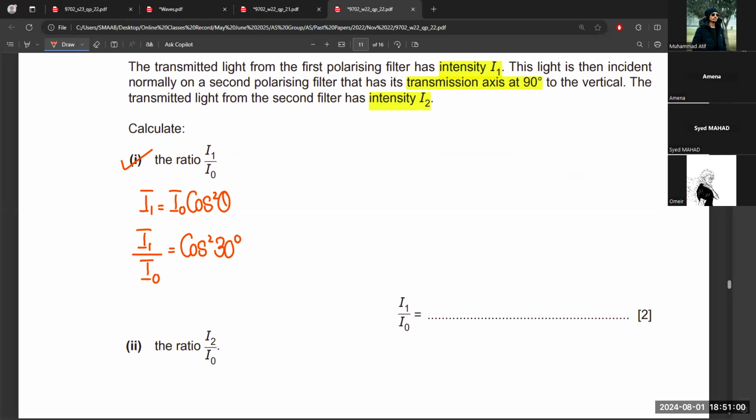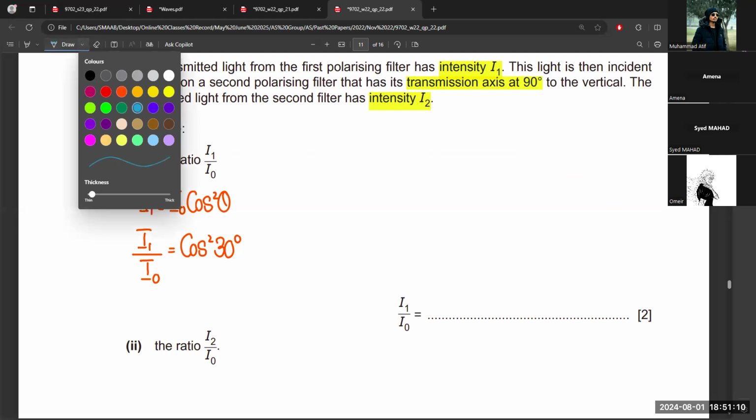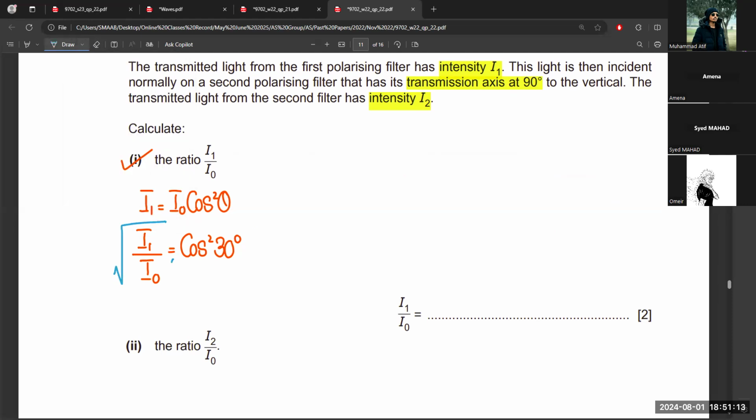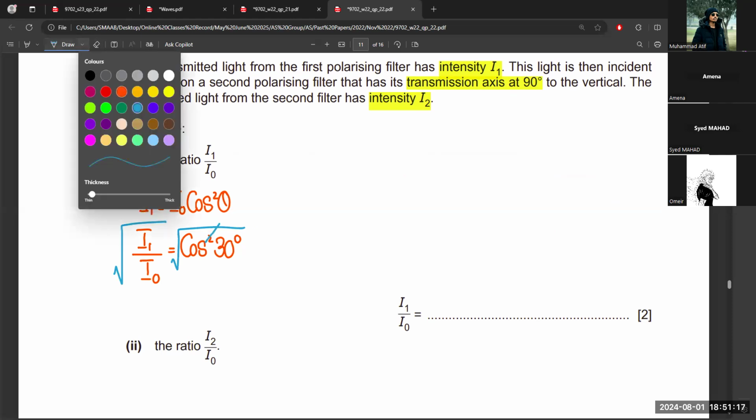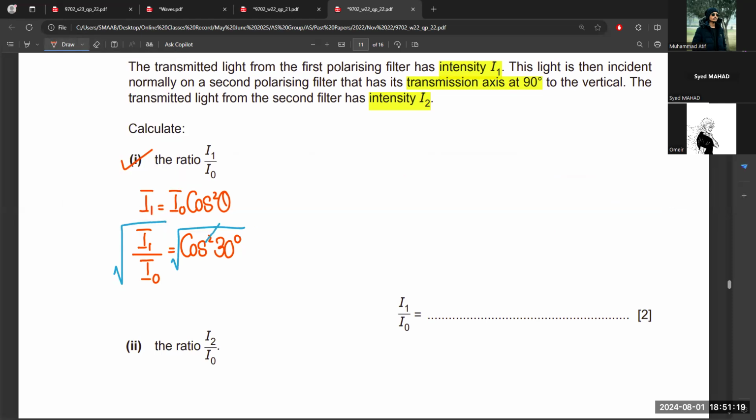Cos 30 is equals to, if we use under root on both sides, under root 3 over 2.